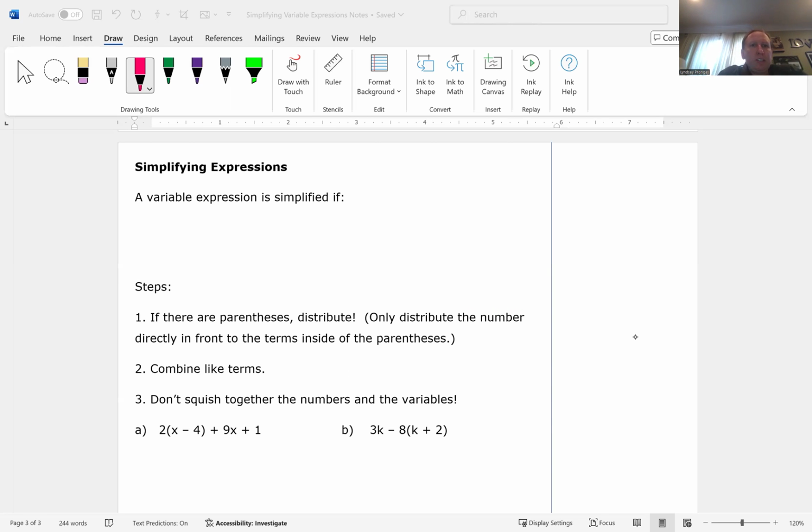In this video, we're going to talk about simplifying expressions, and we're going to be combining together the two previous videos of combining like terms and the distributive property.